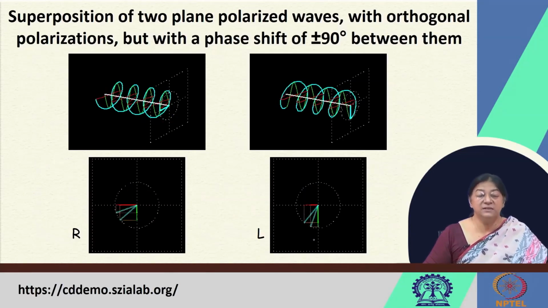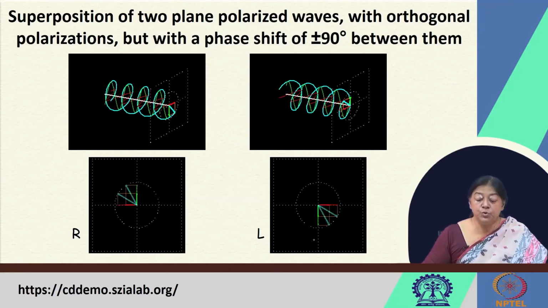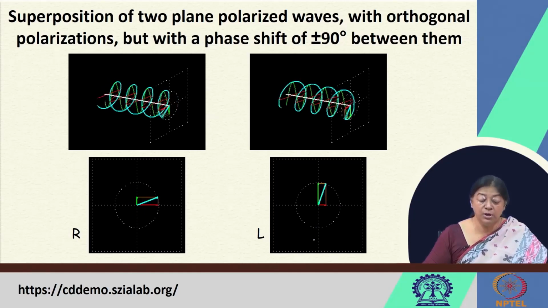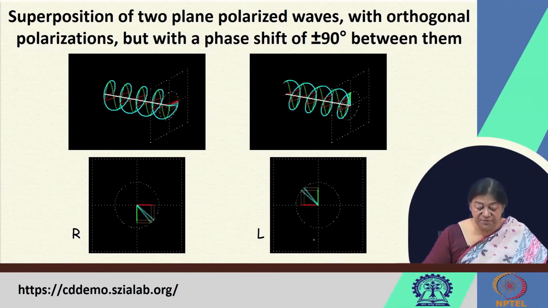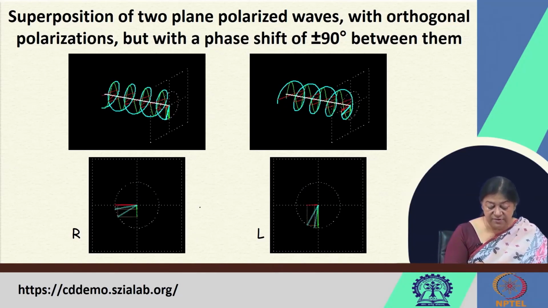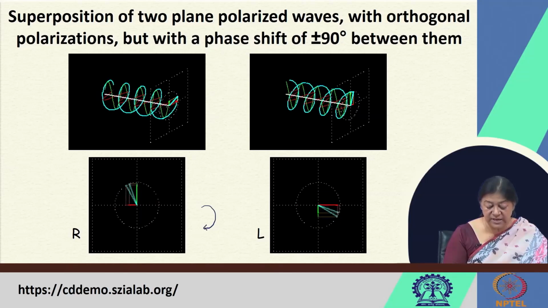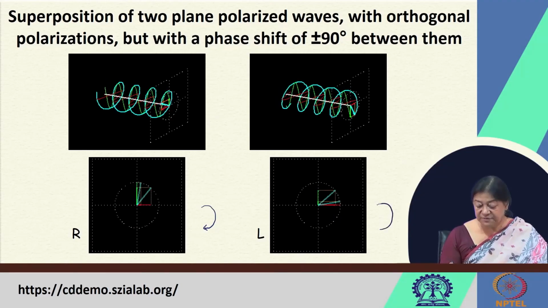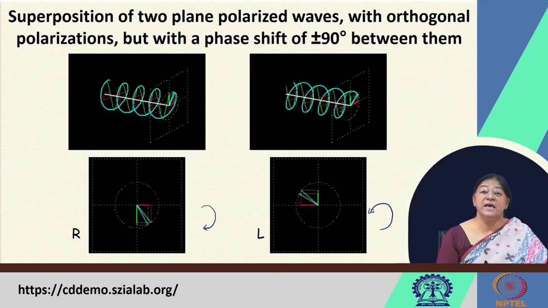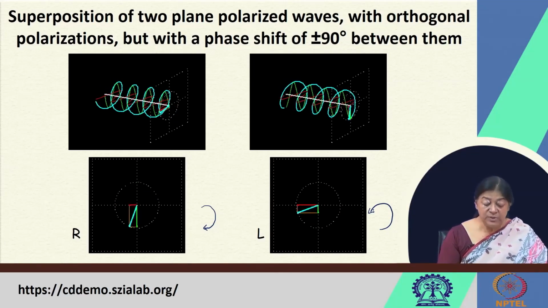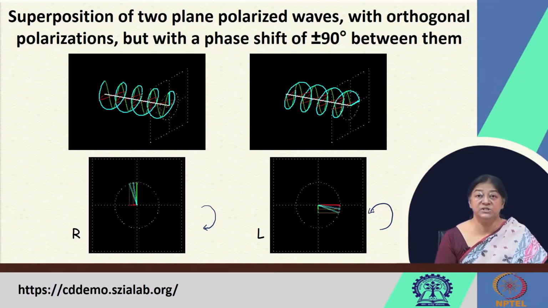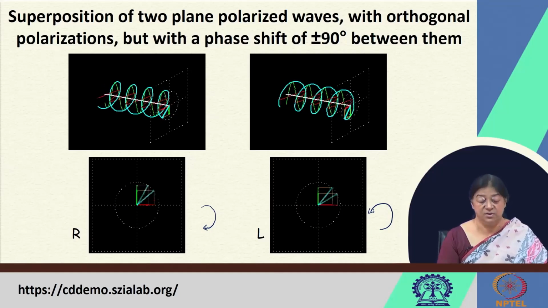If we look at the superposition of two plane polarized waves with orthogonal polarizations, but with a phase shift, we have this as the right circularly polarized light and this as the left circularly polarized light. Now, when we are looking at any polarized light, the left and the right, when superimposed, are going to give us linearly polarized light.